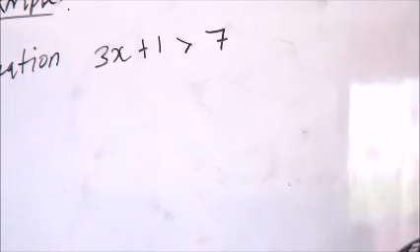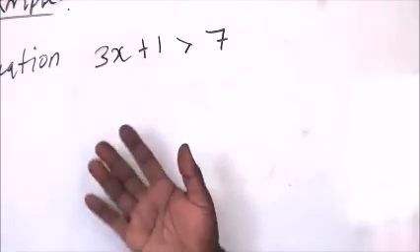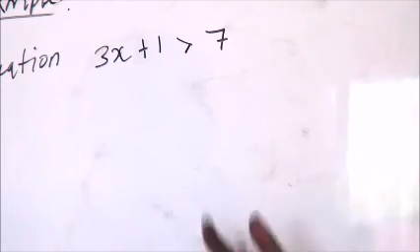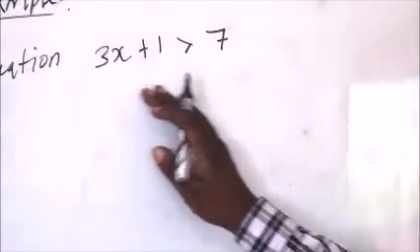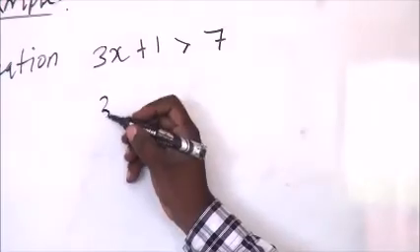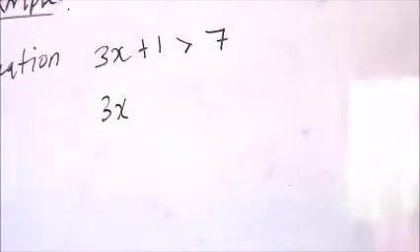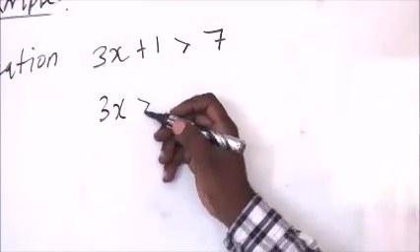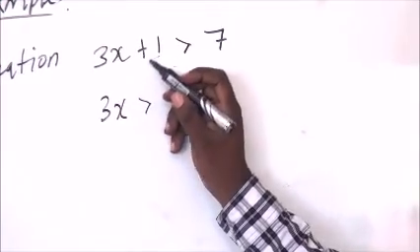Yeah, so let's take a look at the second question here, which is solve the inequation 3x plus 1 greater than 7. Let's see how we can solve this inequation. So first of all, is to look at the issue of collecting like terms. We'll say 3x, the way it is, greater than the additive inverse of positive 1.